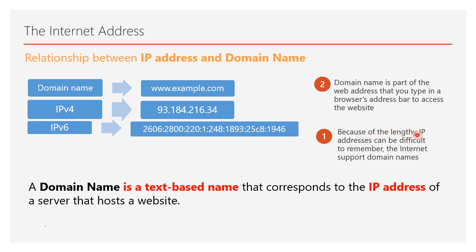Lengthy IP addresses can be difficult to remember. The internet supports domain names. So the use of domain names is to cover the weakness of us humans in memorizing the numbers themselves.